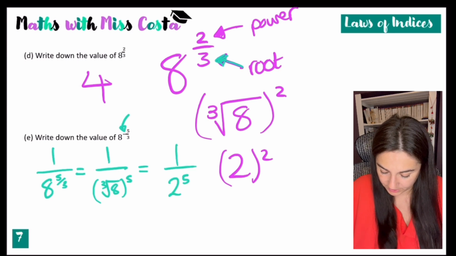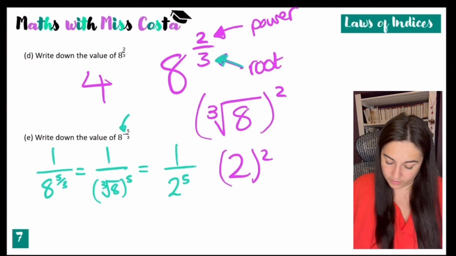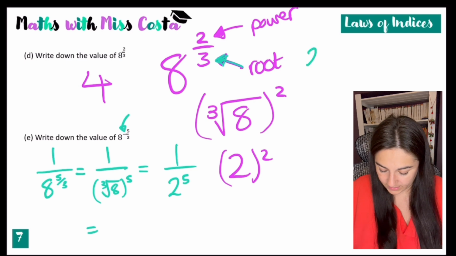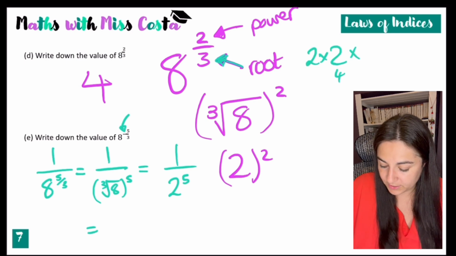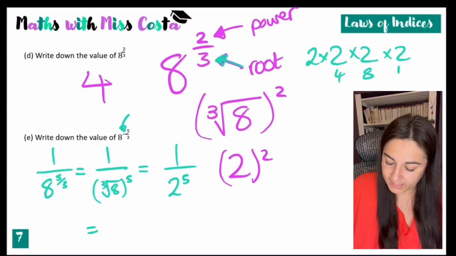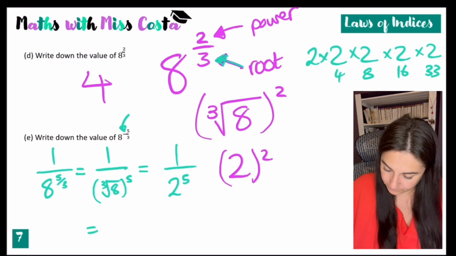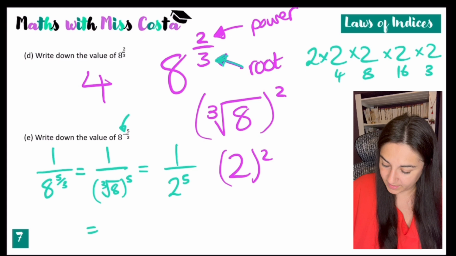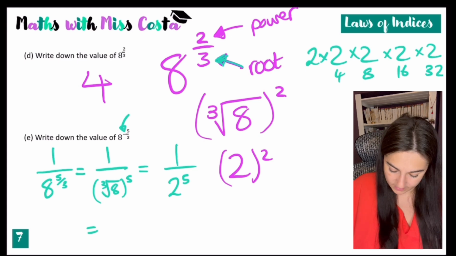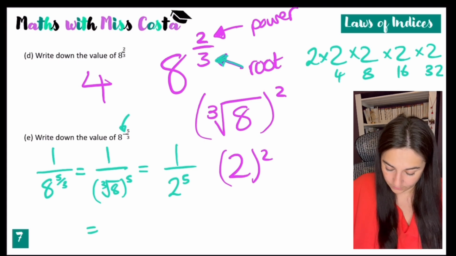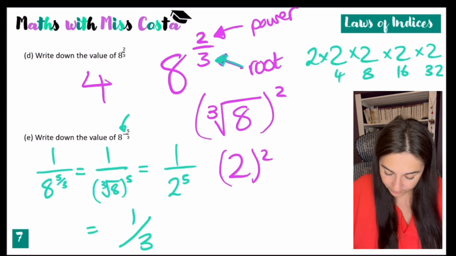We just said that was 2. So I'd be left with 1 over 2 to the power of 5. And 2 to the power of 5 is 2 times 2, which is 4, times 2, which is 8, times 2, which is 16, times 2 again, which is 32. So the value of 8 to the power of negative 5 over 3 is 1 over 32.